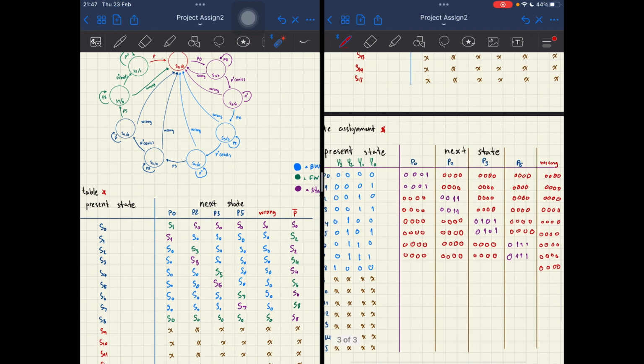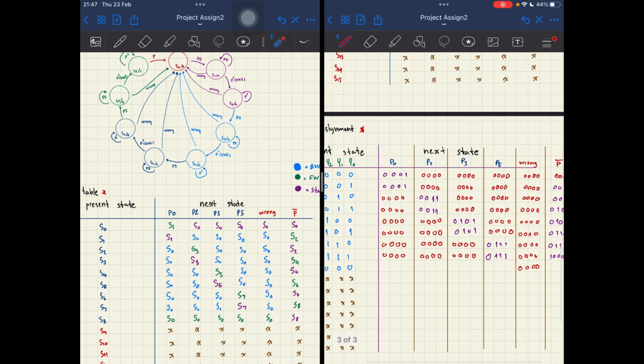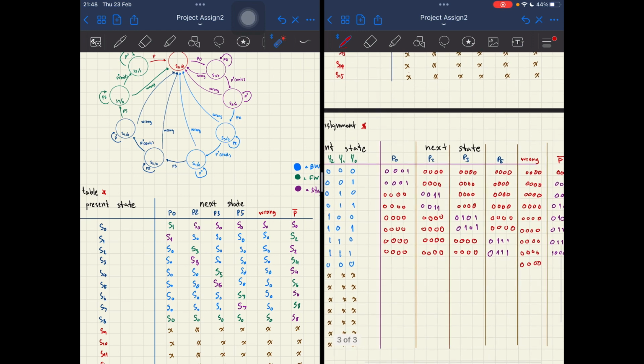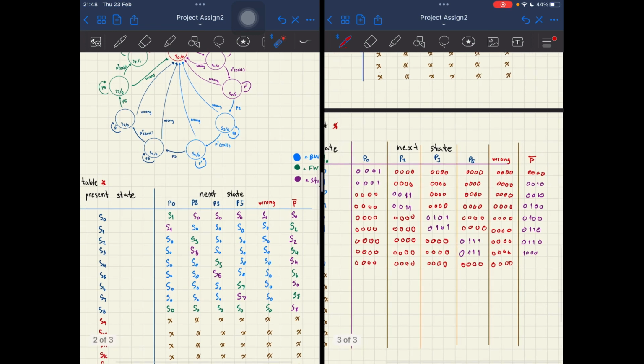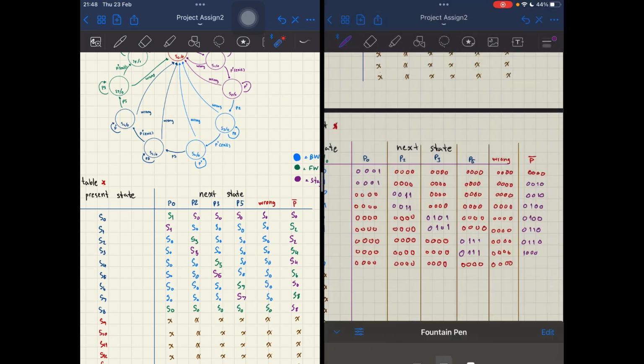So it will be 0 at P0, P2, P3, P5 and wrong case, right? 0 0 0. But if you leave the button you will stay in state 8, which means it is 1 0 0 0.